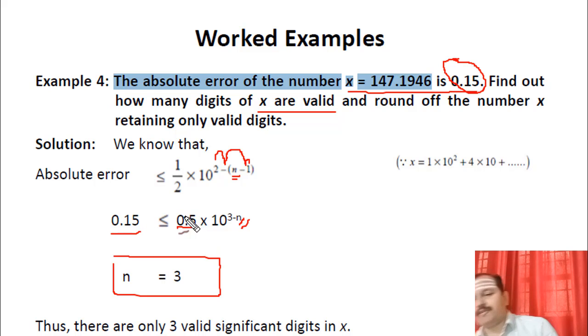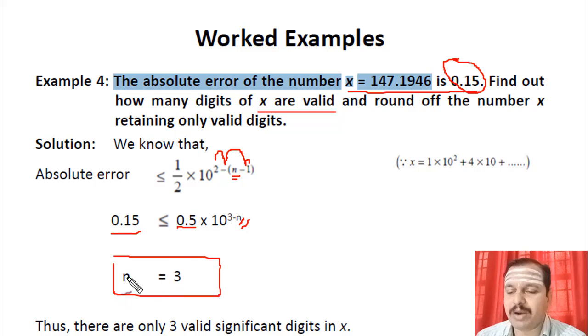That means there are only 3 valid significant digits present in the given number x, that is 147.1946, and therefore we can say that when the number x is approximated by retaining only 3 valid digits, we can have an absolute error of 0.15.